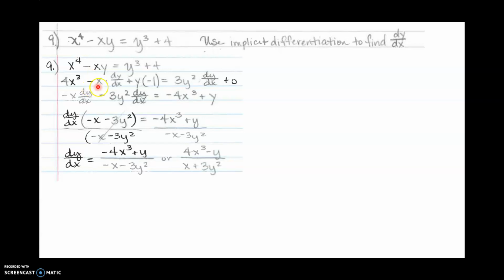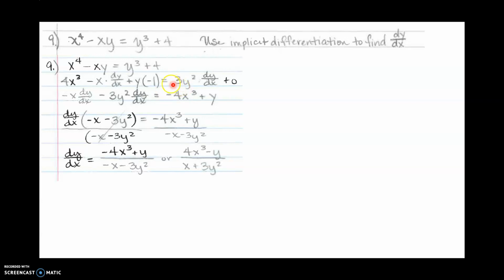First is negative x times derivative of second. The derivative of y is 1, and since it's a y and it's not in terms of x, I have to leave a dy/dx in there. So first times derivative of second plus second, y, times derivative of first. The derivative of negative x is negative 1. That is in terms of x, so I don't have to leave a dx in there.